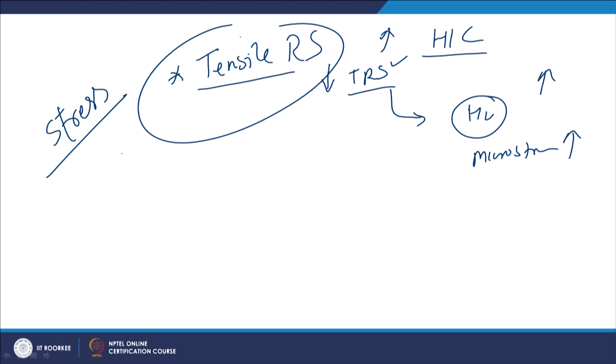Where from this the tensile residual stresses or residual stress development in the weld joint come in. So, the factors that affect the residual stress magnitude being developed in the welding is the thermal contraction.